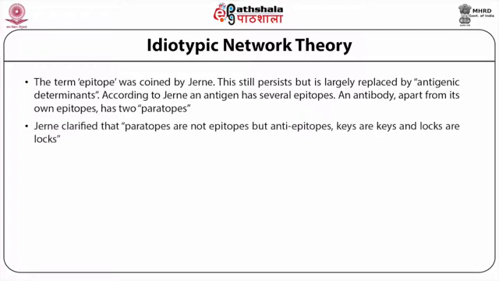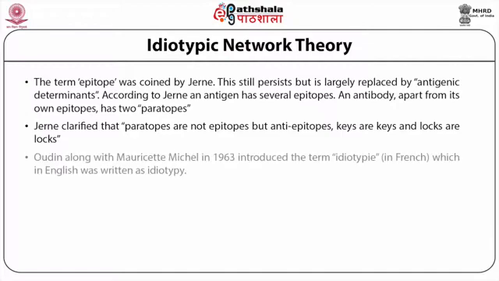Jerne clarified that paratopes are not epitopes but anti-epitopes; keys are keys and locks are locks. Jerne was referring to Fischer's metaphor for complementarity between enzymes and substrates. Oudin, along with Maurice Michel in 1963, introduced the term idiotypie in French, which in English was written as idiotypy.